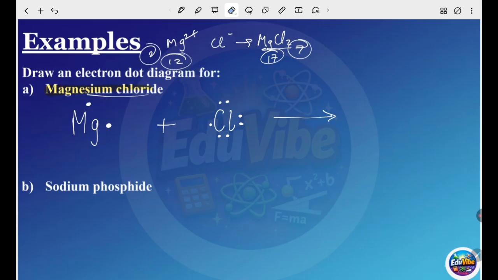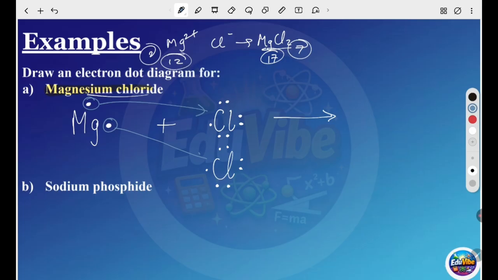This means we raise that 2 and we make one more Cl, so that we have these 2 Cls. If one electron of this transfers to this and one electron of this transfers to this, there's an effect. This means Cl gains those.